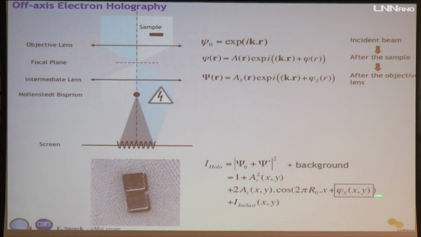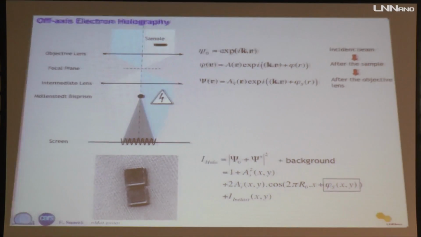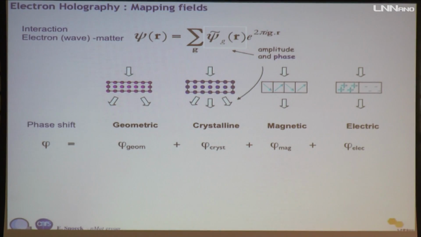And then if you develop that, you get this equation, which gives you fringes of periodicity 2πR0, which depend on the voltage applied on the biprism, plus this phase shift term. And this phase shift term is exactly the phase shift of the electron wave after interaction with the materials. So I will go into detail after.